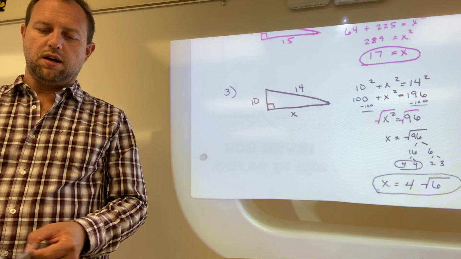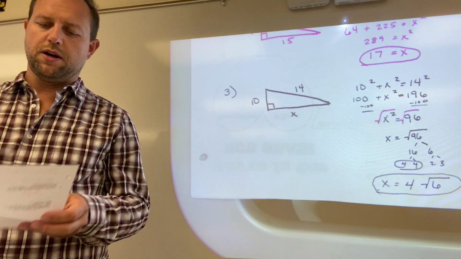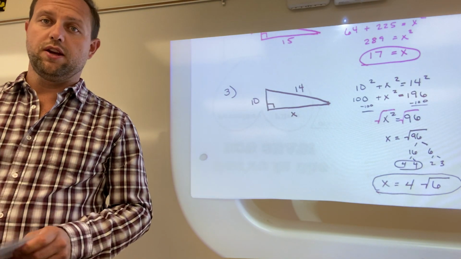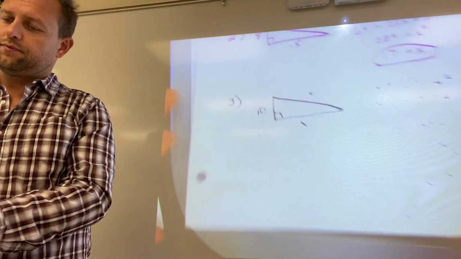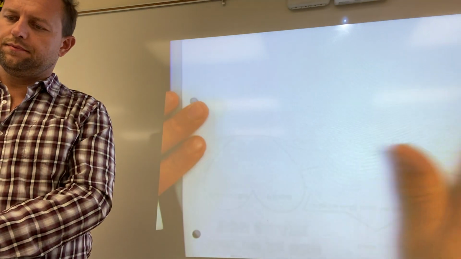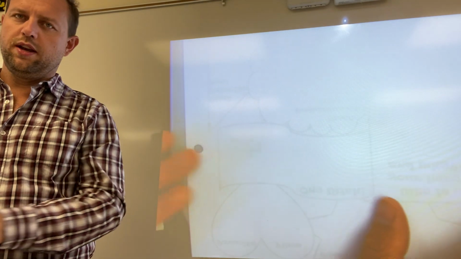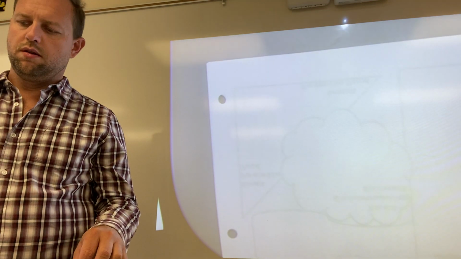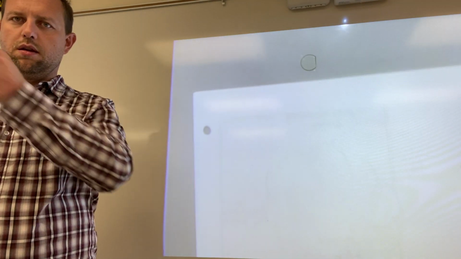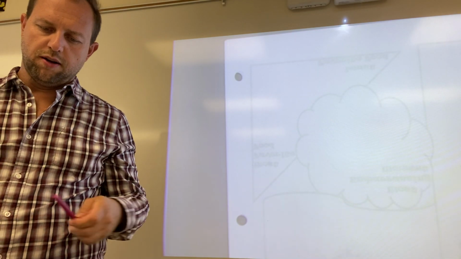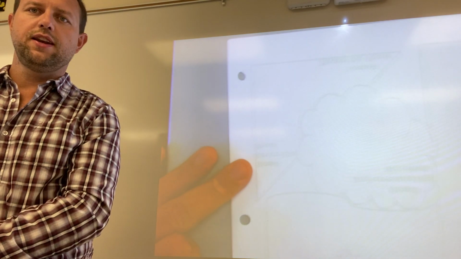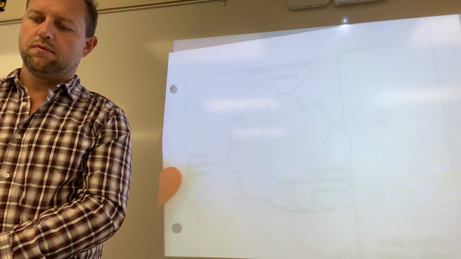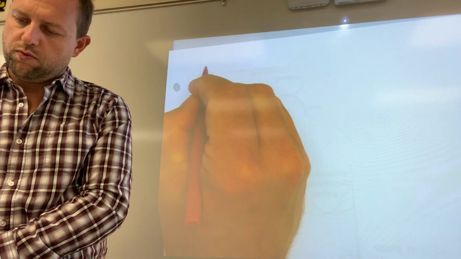Okay. The other thing we need to talk about is the different types of triangles we have. The first one being our 45, 45, 90 triangle. So special right triangles.